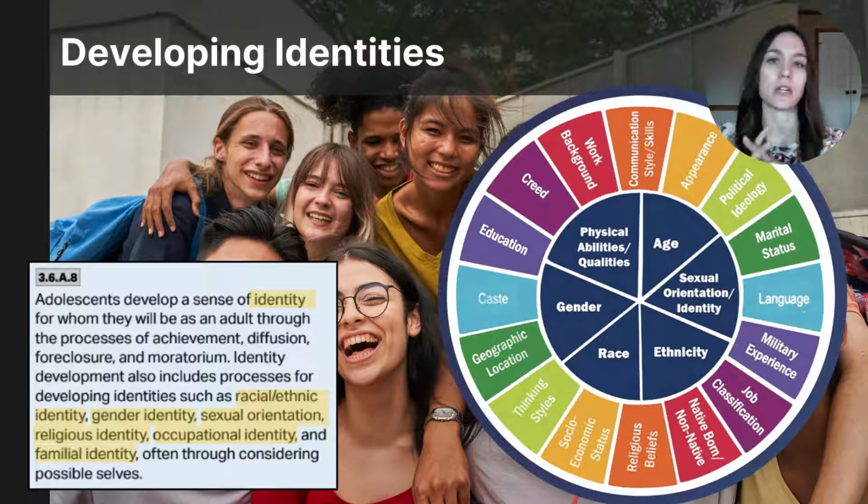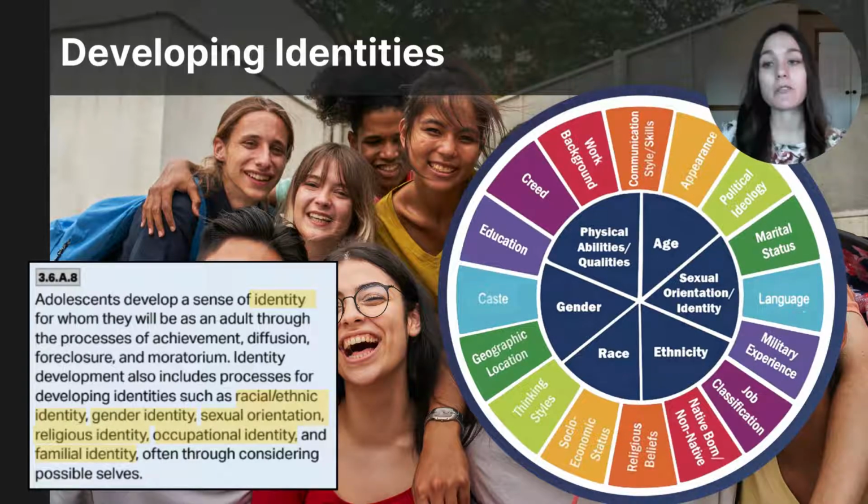And this is a period of self reflection that's influenced by the society that they're in, their family, and their peers. And if they haven't already, they're likely going to reflect on their racial and ethnic identity and how that influences their experience in society. Adolescents might begin to take pride in their cultural traditions and their shared history, and they might even begin to take a greater interest in their own heritage and family experiences.